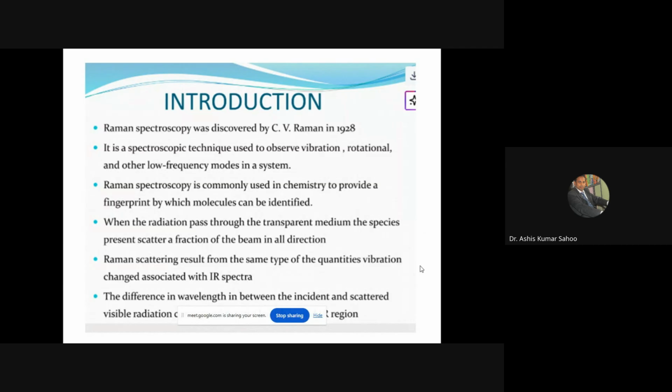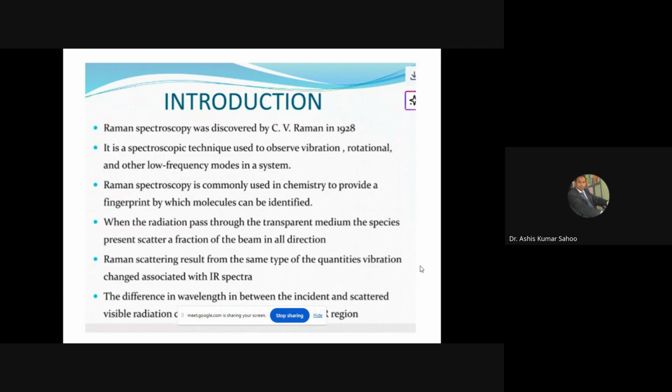When radiation passes through a transparent medium, the species present scatter a fraction of the beam in all directions. So when we radiate a beam into a transparent medium, the species present will scatter the rays in different directions.